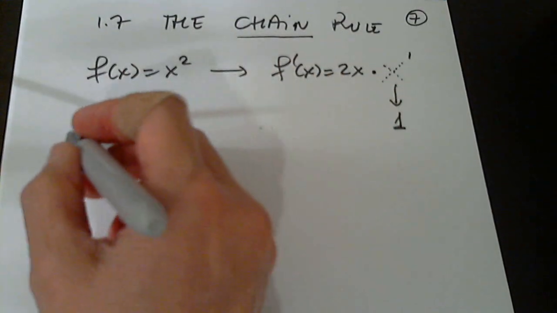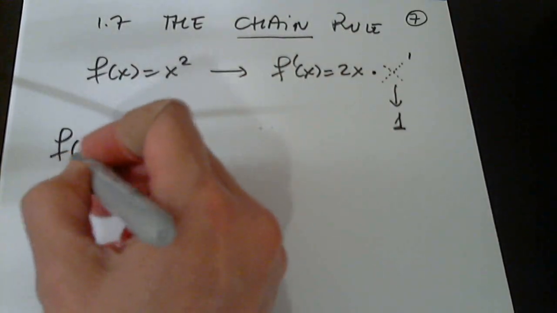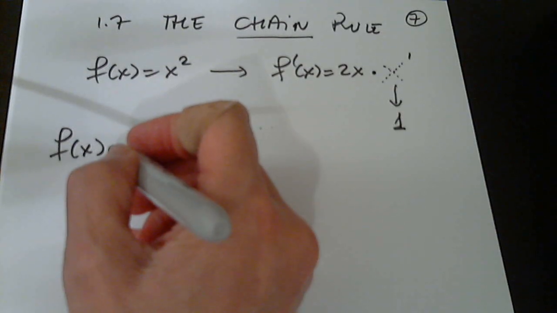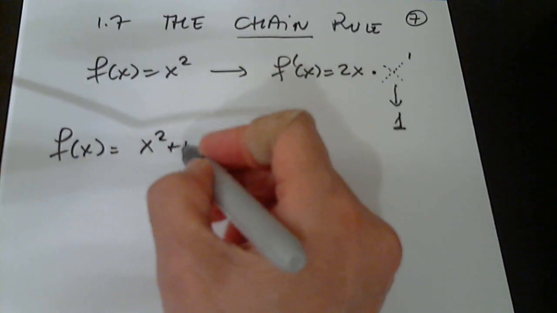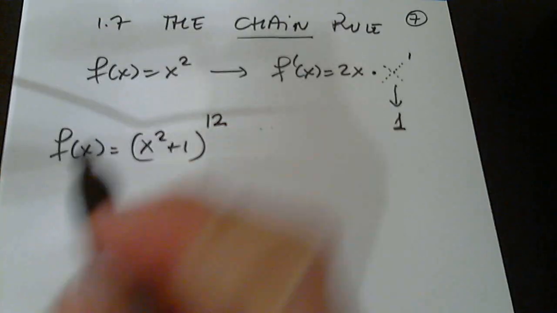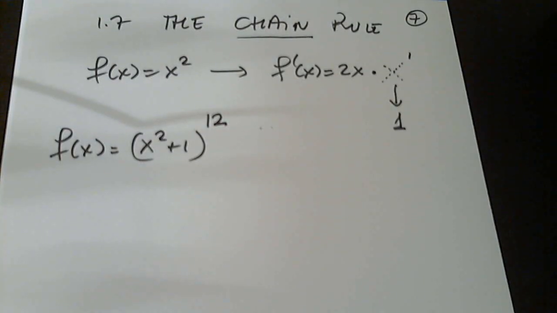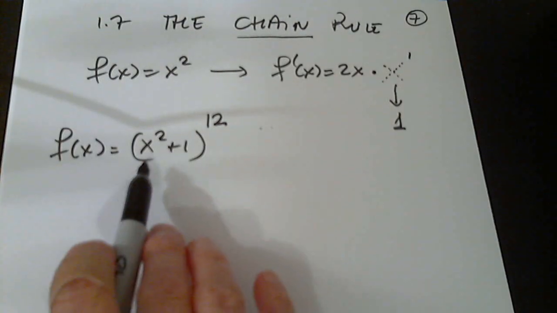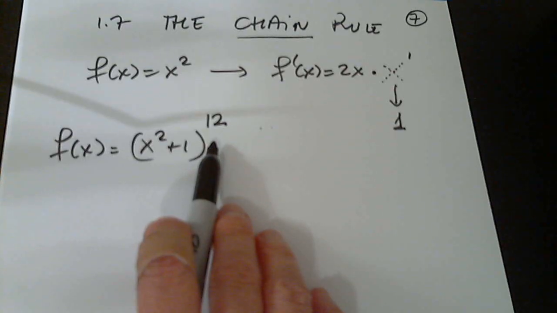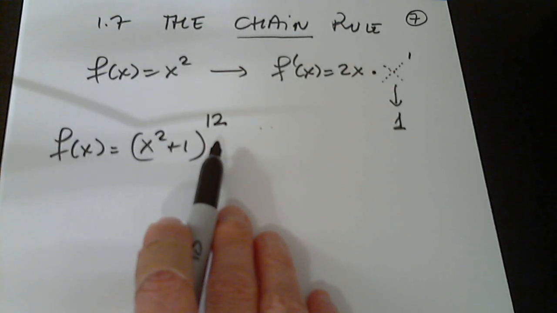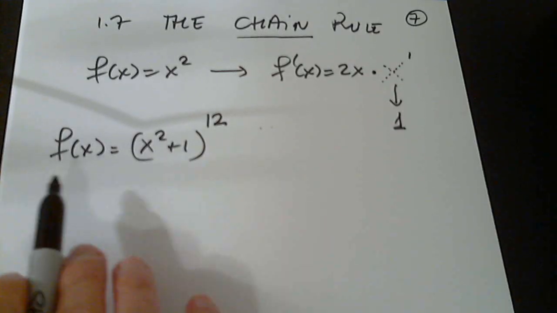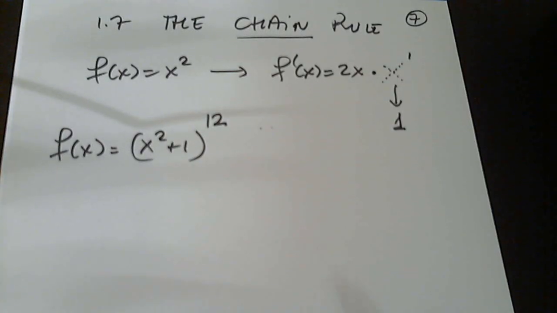So what happens if I have, let's say, f of x equals x squared plus 1 to the 12th power? I'm not going to take this to the 12th power. If I use a formula, it will not take me that long, but if I just FOIL, it will take me 20 minutes. How do I differentiate something like this?